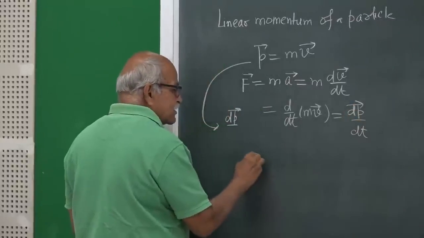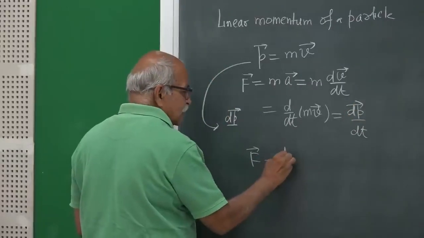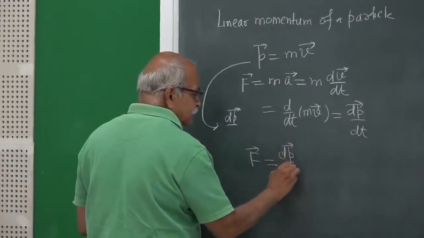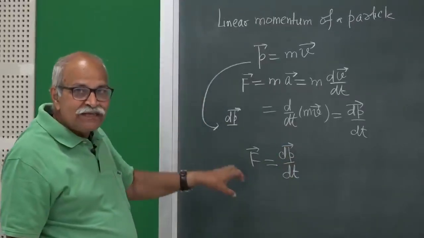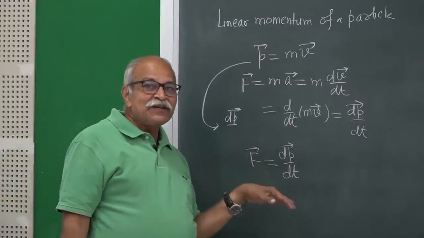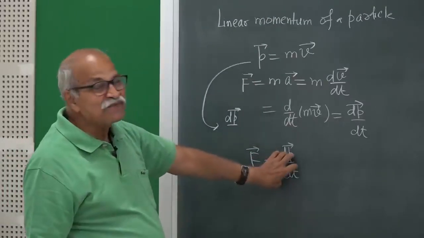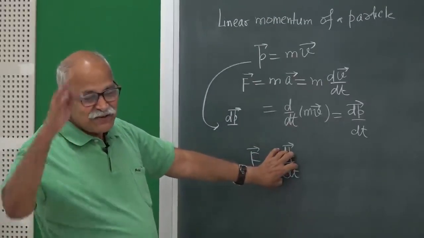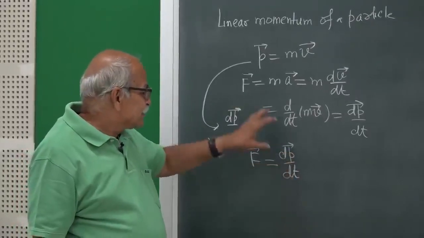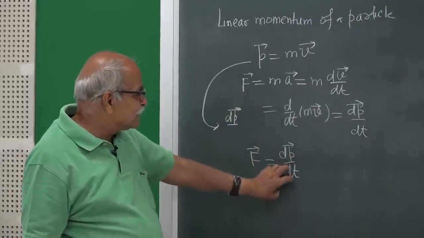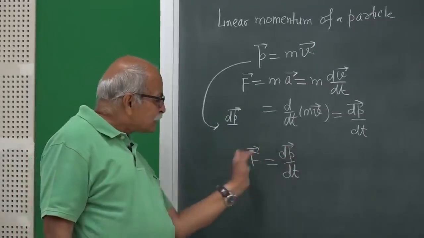So, force on a particle is equal to rate of change of momentum of the particle. Actually, Newton described the second law in terms of rate of change of momentum only. The words used in the Principia were very different, but essentially the force and this rate of change of momentum are proportional.